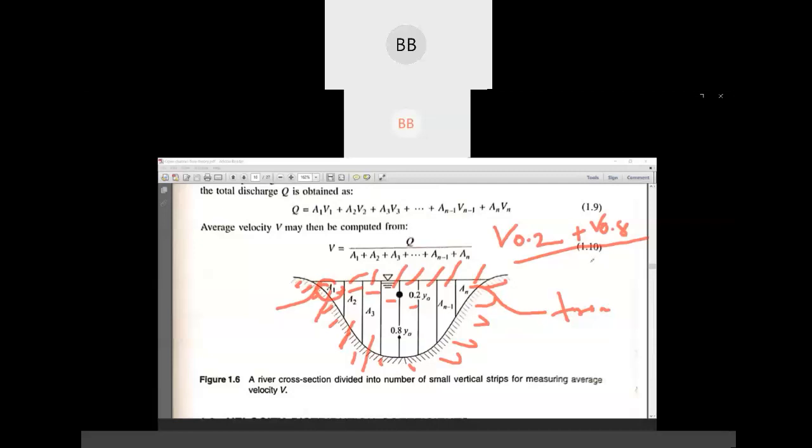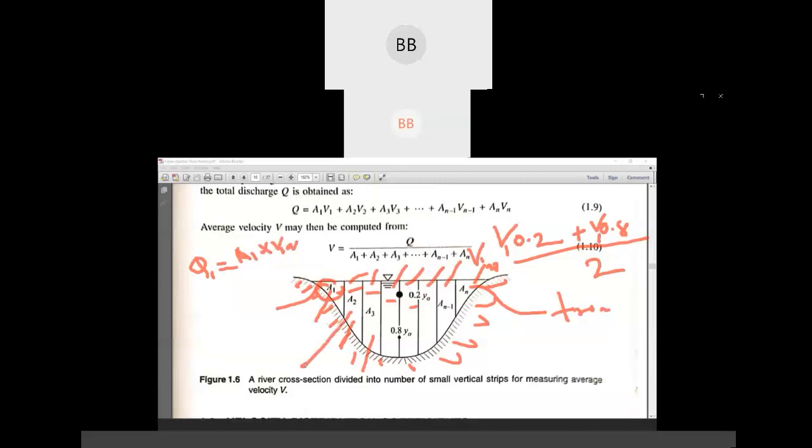Suppose for v1 average, that is the average velocity for the first section, we take v1 at 0.2 and v1 at 0.8, and then we take the average. Whatever velocity we get will be only for section 1. Then q1 is equal to area 1 multiplied by v1 average, and you will get q1.